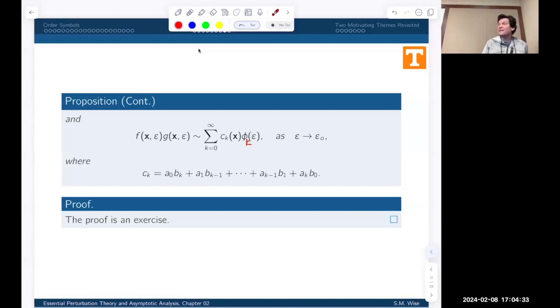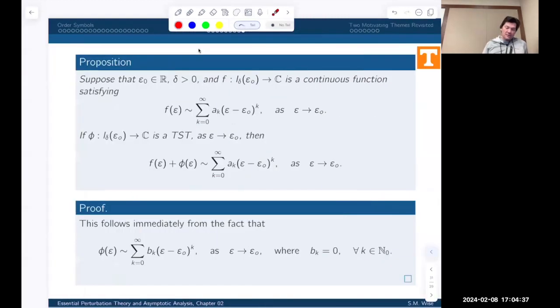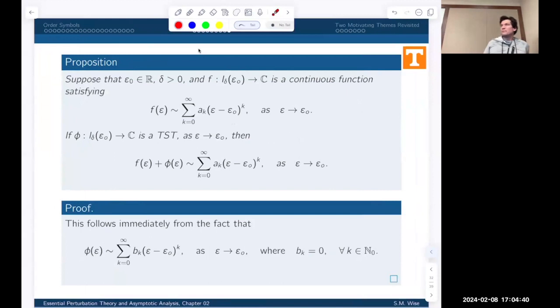But I don't have to assume anything about this. It just works. So it's the Cauchy product formula, right? Is that what it's called? Maybe. All right, well, let's move on.